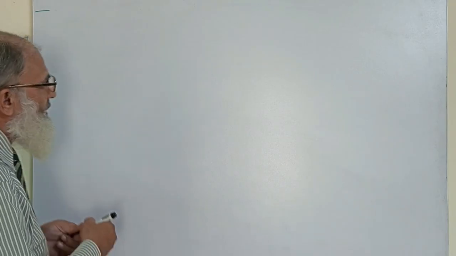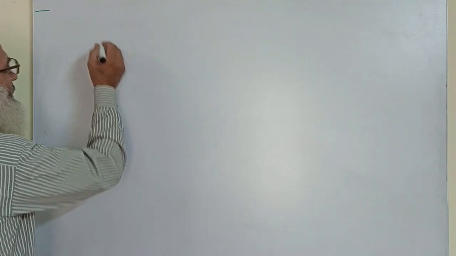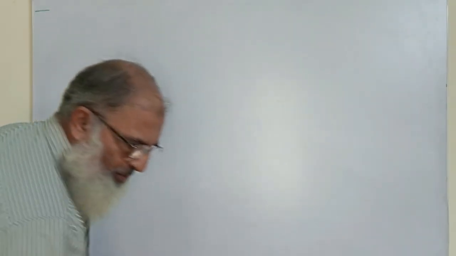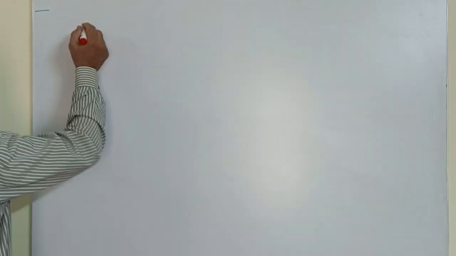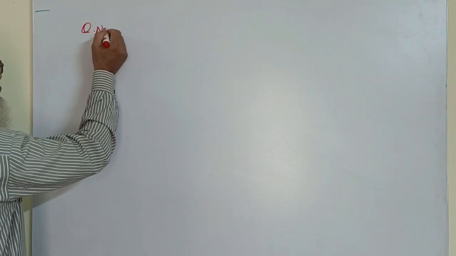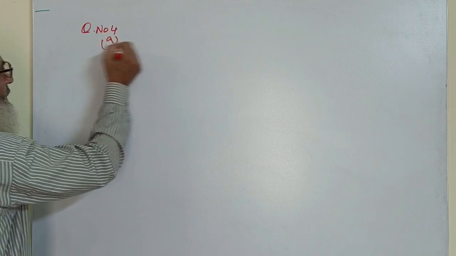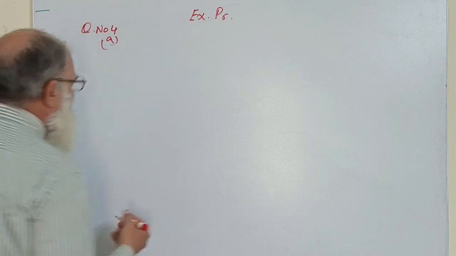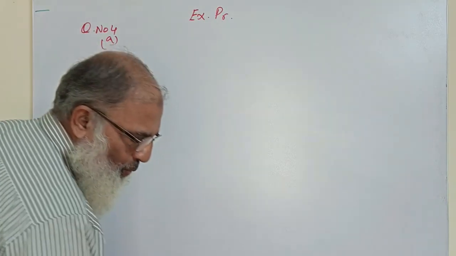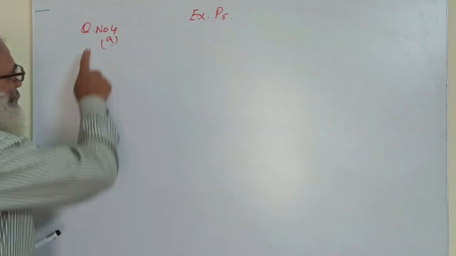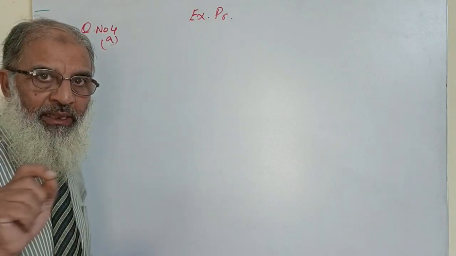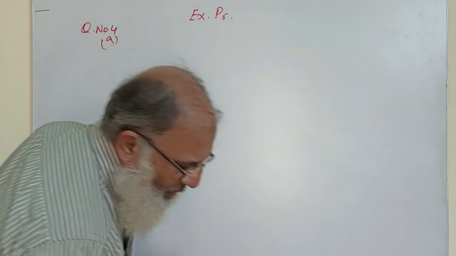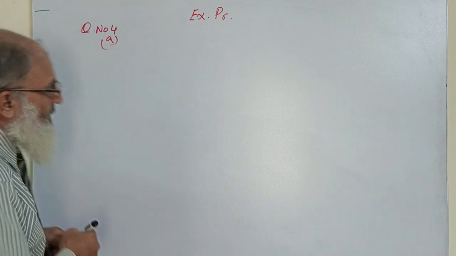Let me write question number 4, part A for you, and we are in the session of examination practice questions. So, part 4A asks us what is the sum of exterior angles?